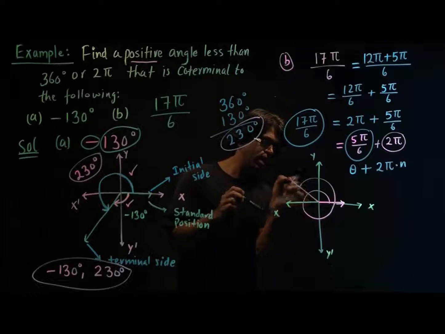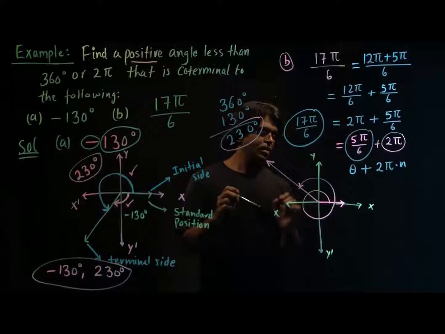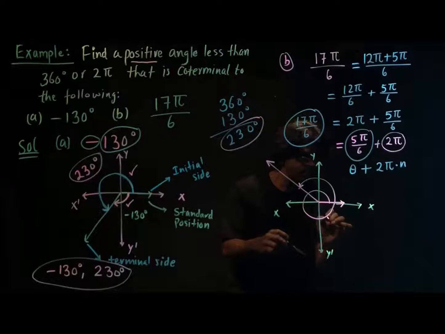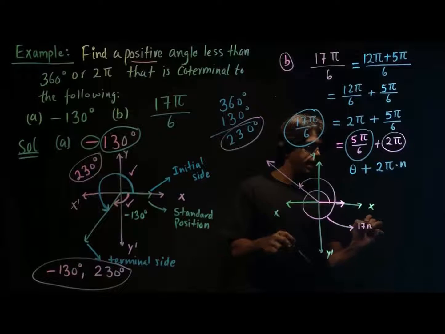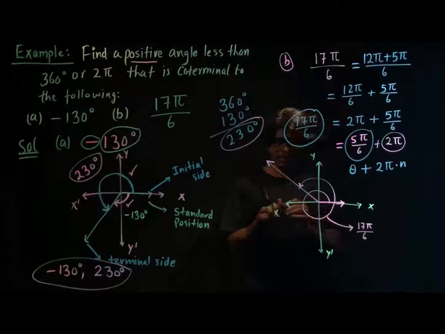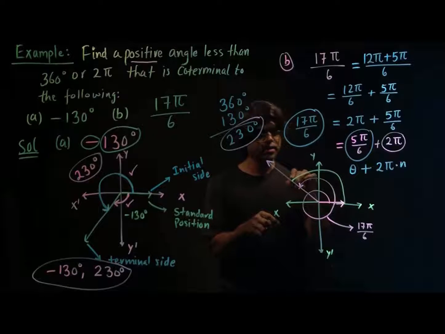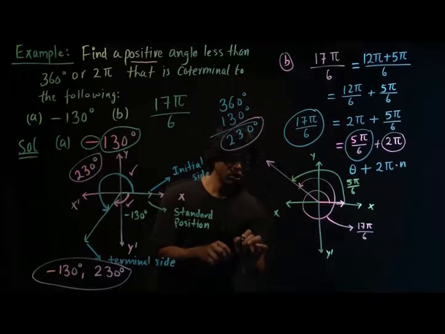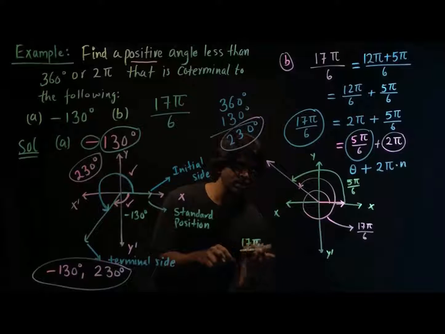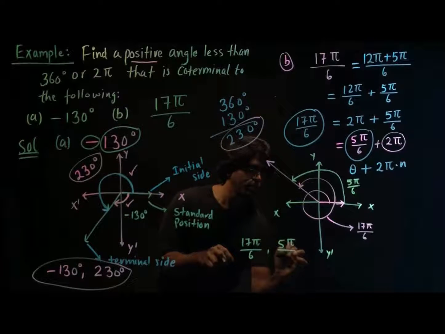And this will be my angle. The value of this whole angle is 17 pi over 6. But the value of just this angle is 5 pi over 6. So the coterminal angle for 17 pi over 6 is 5 pi over 6.